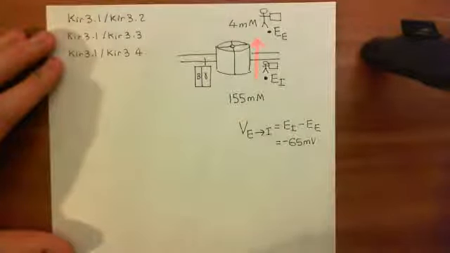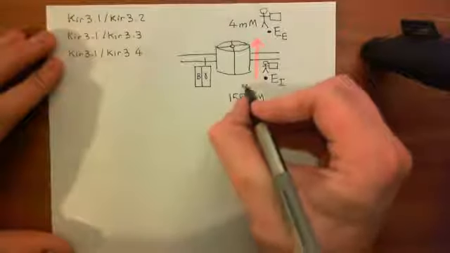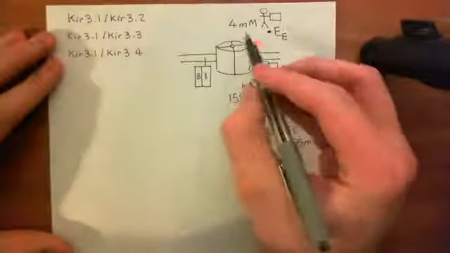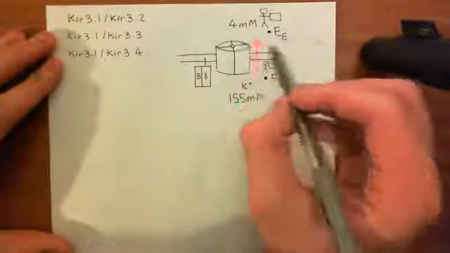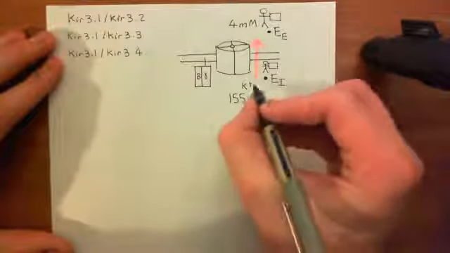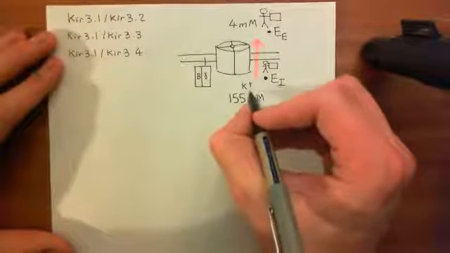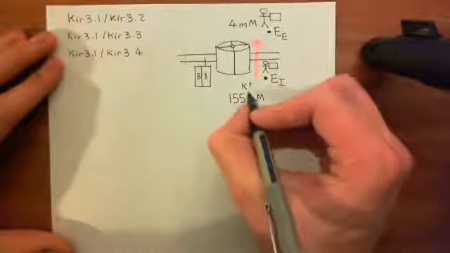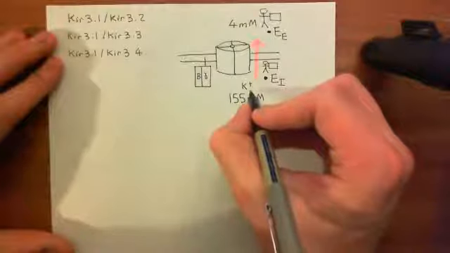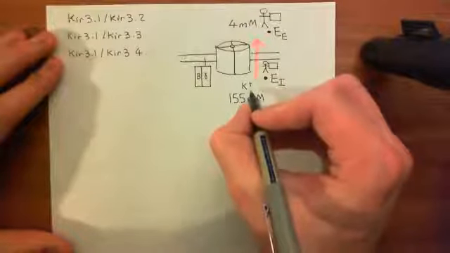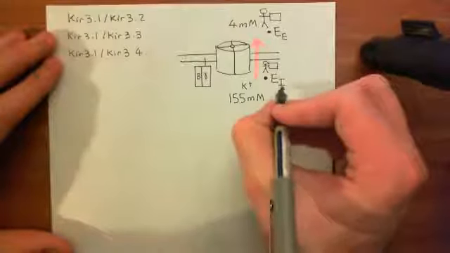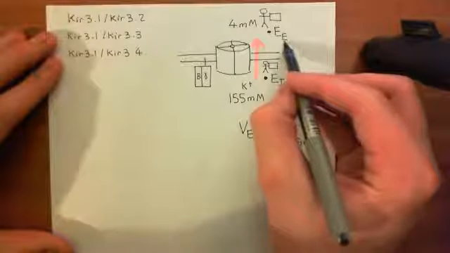Now, potassium ions have a positive charge, okay, and that's what we're about to conduct through this channel. Okay, so positively charged ions like to be in places where the electrical potential is as low as possible. Now, which compartment currently has the lower electrical potential? The intracellular compartment or the extracellular compartment?